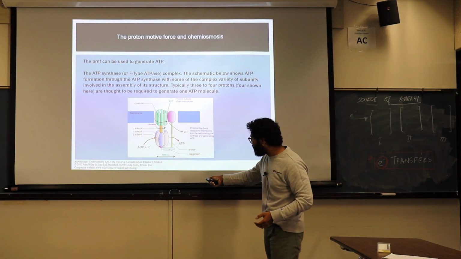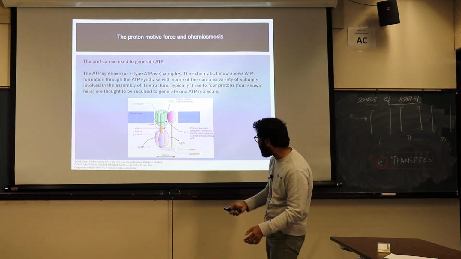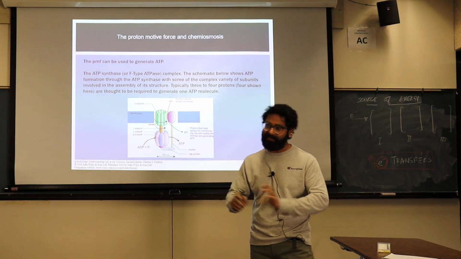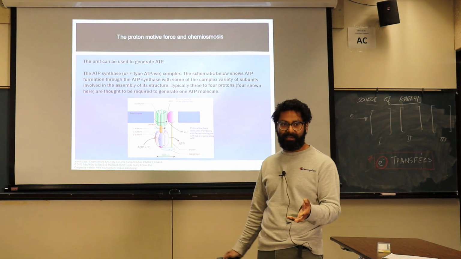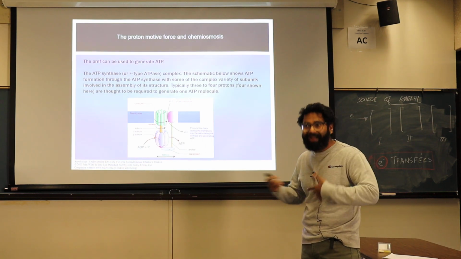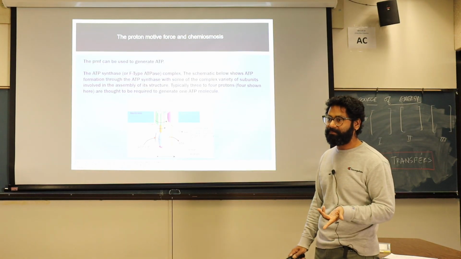That ADP plus phosphate, when they come together in a particular orientation, combine, and then they produce this ATP. This is very simplistic, it's very complicated, but simplistically, this is how one of these processes can actually be.